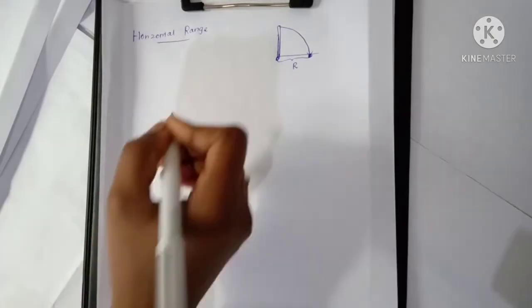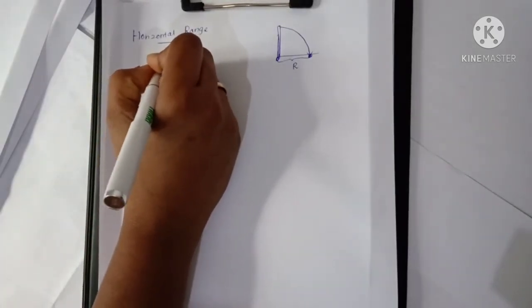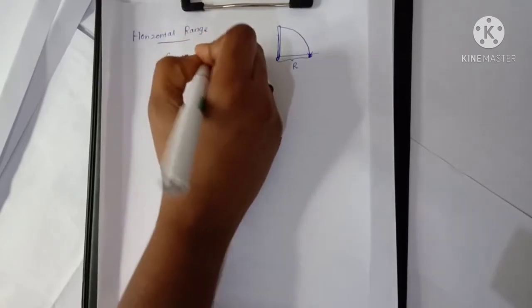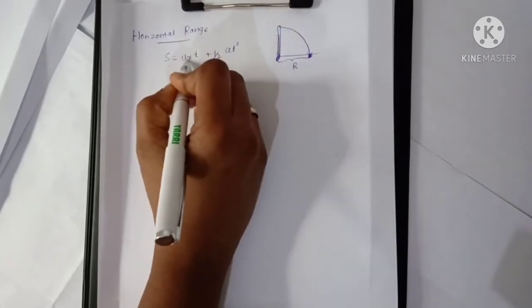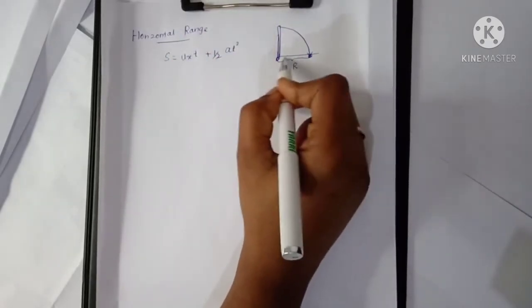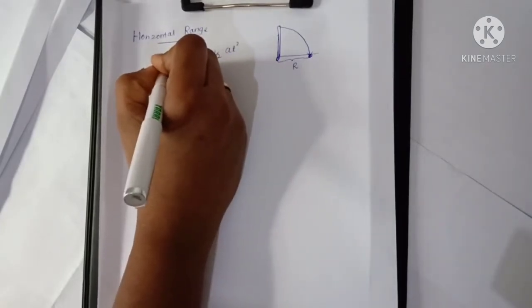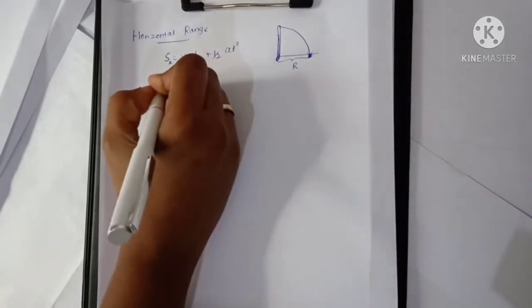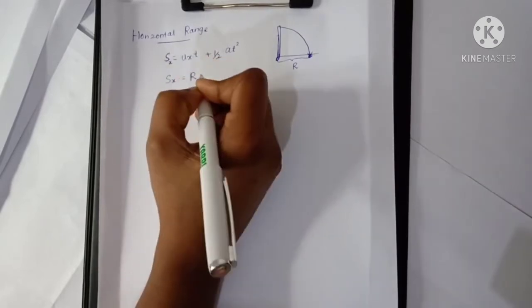So here we can take the kinematic second equation, S is equal to ut plus 1 by 2 at square. Because it is along the x axis, we write ux, and Sx equal to R, the range.